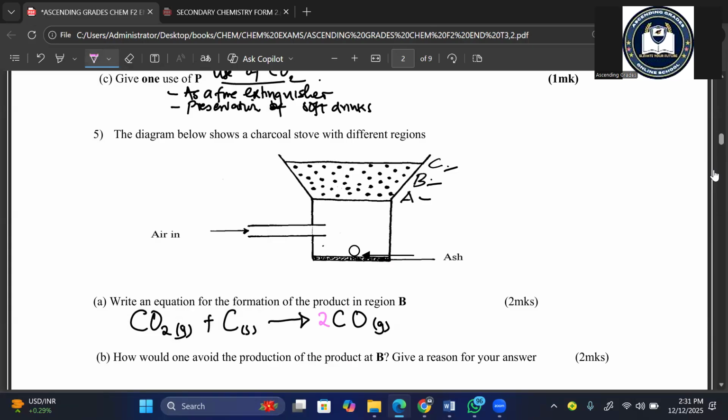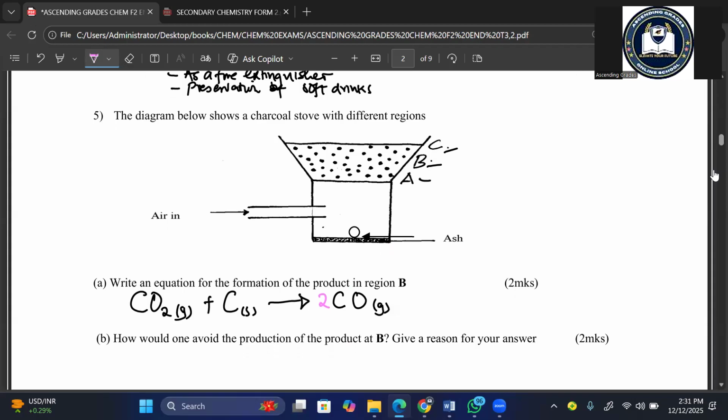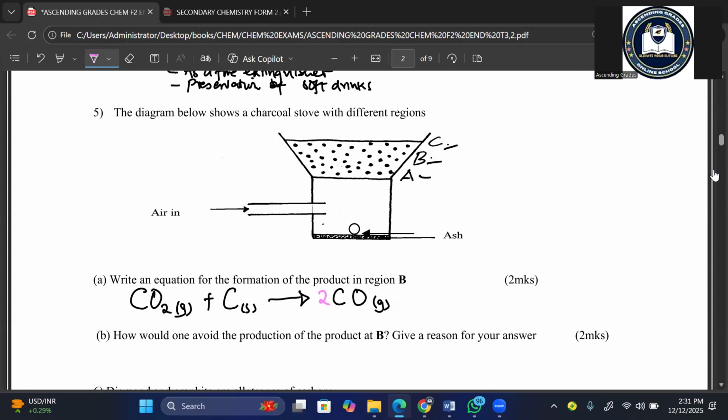How would one avoid the production of the product at B? And then you are told to give a reason for your answer.